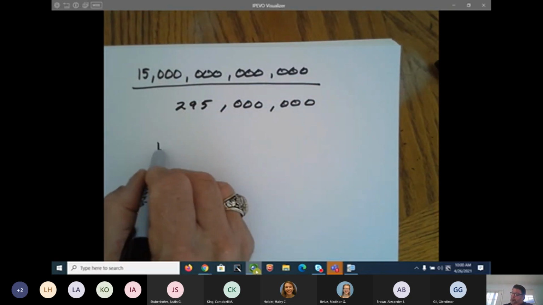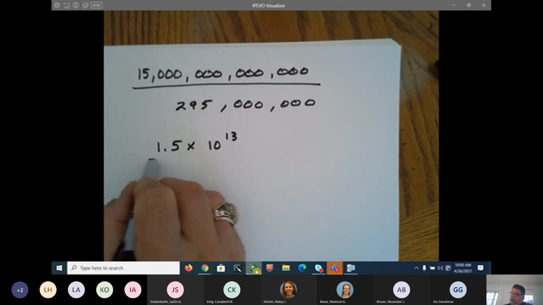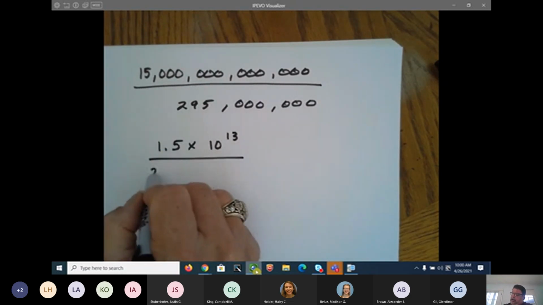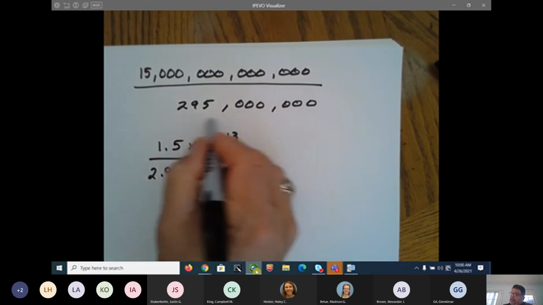So that's going to be 1.5 times 10 to the 13th power over 2.95 times 10 to the 8th power.